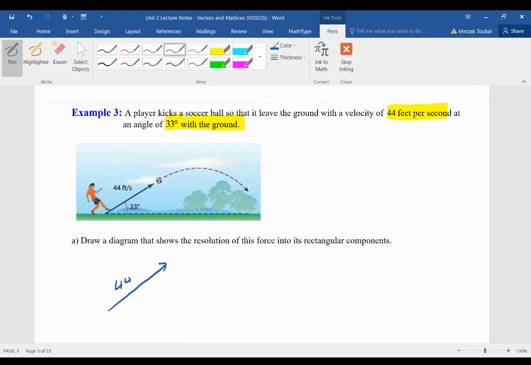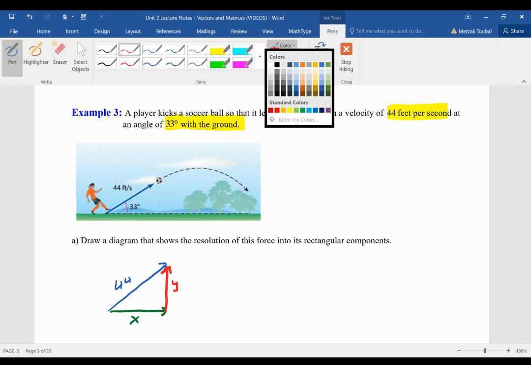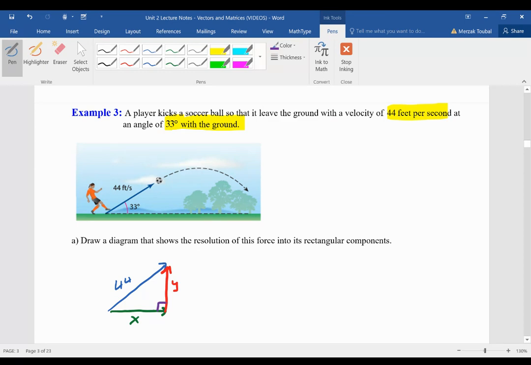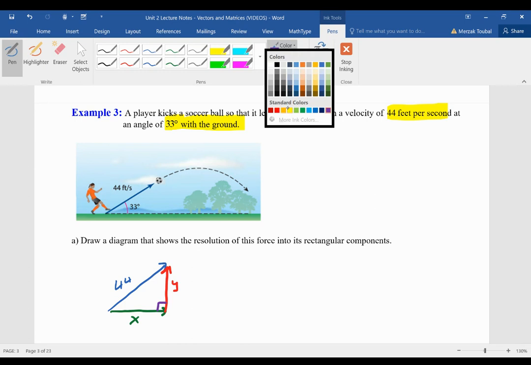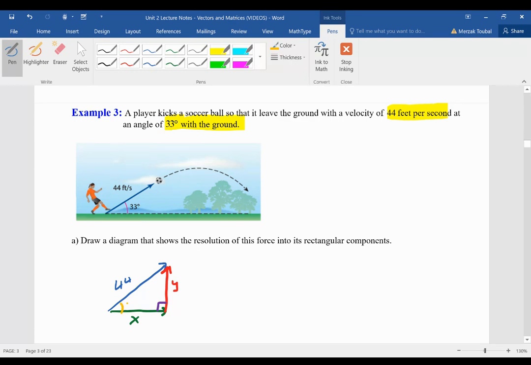Now it has a horizontal component, let's call it x, and it has a vertical component, let's call it y. It is a right triangle. And what is the angle? The angle is 33 degrees. Good. That answers question A.